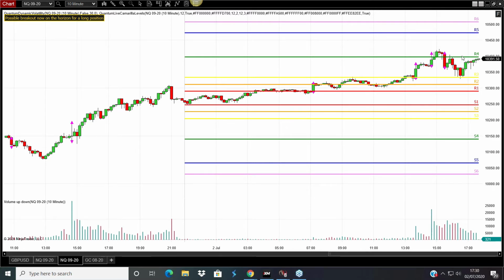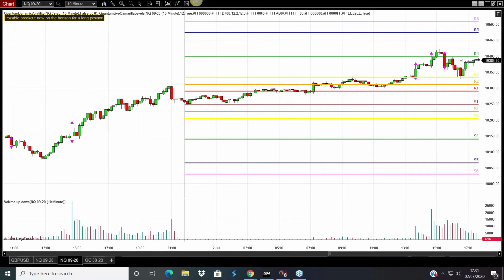The fourth resistance and fourth support level are quite key in this 6-level indicator. In the classical Camarilla, once the price had got through R4, it was considered a valid breakaway. It always has a bit of a struggle at the R4 and the S4. Sometimes it goes straight through, but it will often test it, retest it.